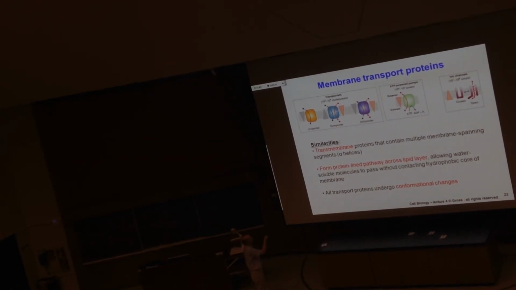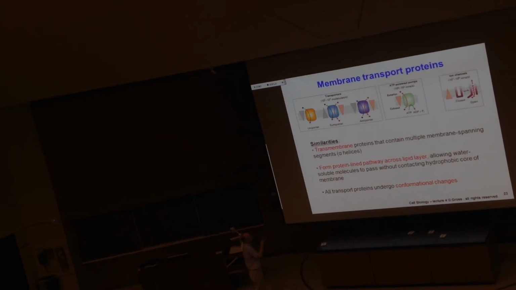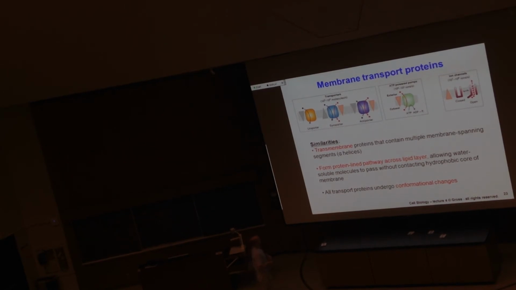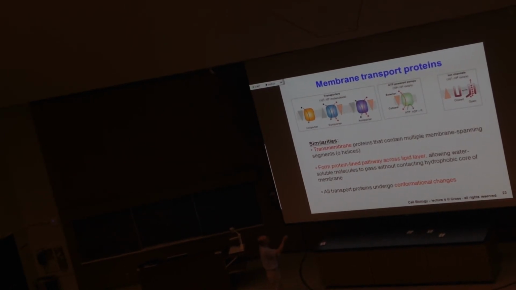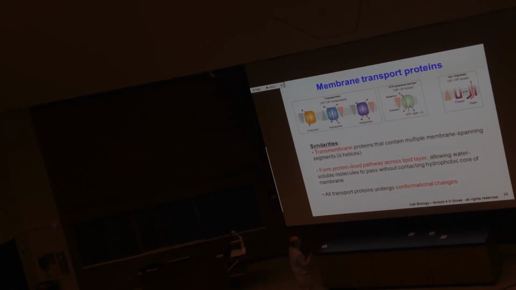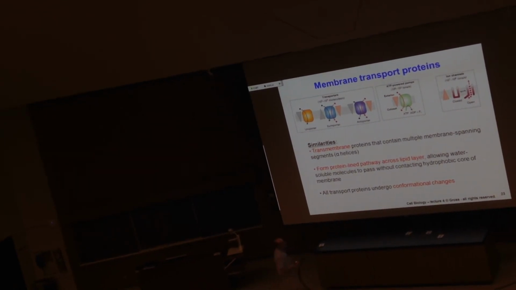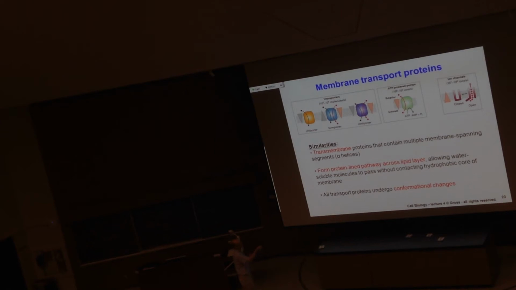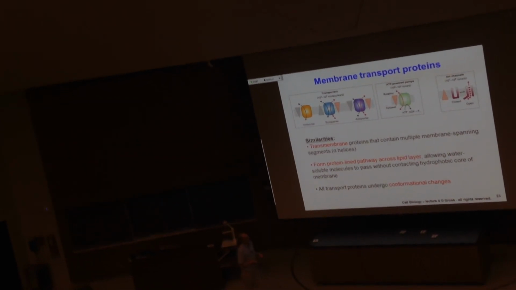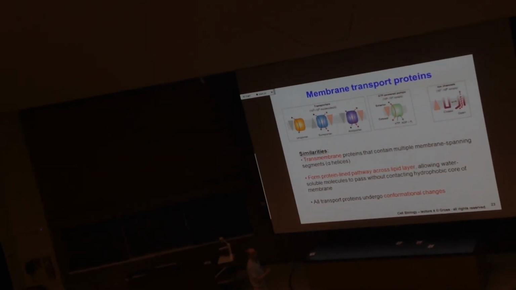So they're using the energy in the concentration gradient to drive the transport of the other thing. Antiporters are the same, but they're transporting things in opposite directions. Pumps basically use energy to transport things, so they can transport things against the concentration gradient. Channels just allow things to go through, so they only work in favor of a gradient, but they can transport things much faster.